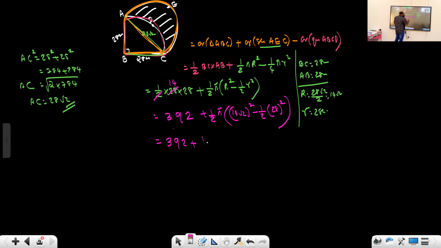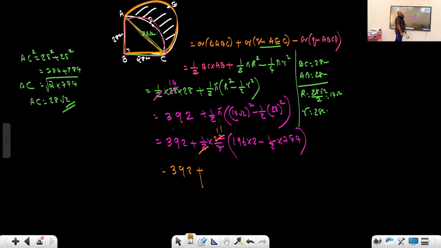Three 92 plus 1 by 2 into 22 by 7. 14 square 196. Root 2 square 2. 784. This and this cancelled, 11.